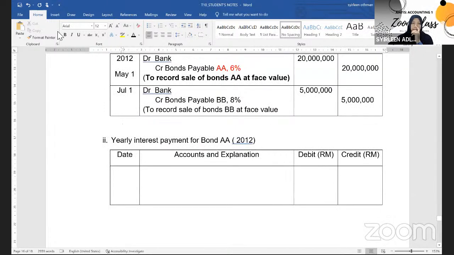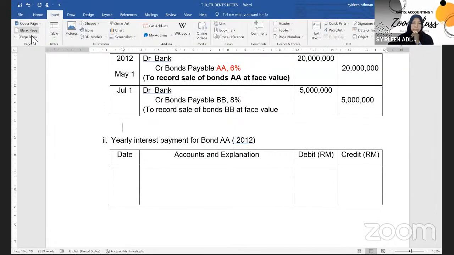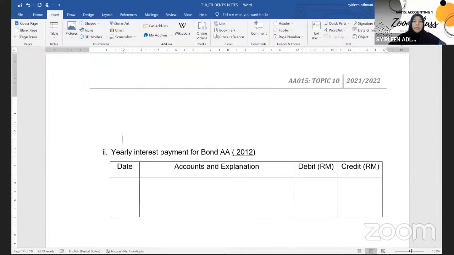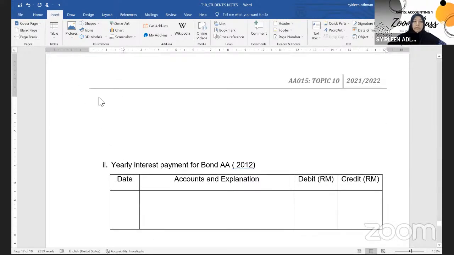Okay, so this is quite interesting, especially when you need to calculate the interest rate. Now I am going to record the interest payment. As I mentioned earlier, the interest payment is made every 6 months from the date of issuance. So maksudnya saya issue bond tadi ialah 1st of May.